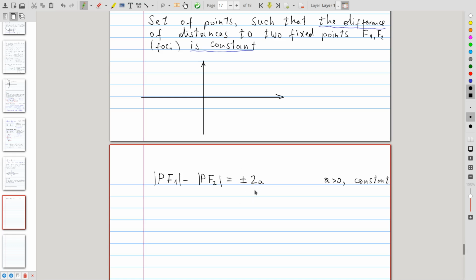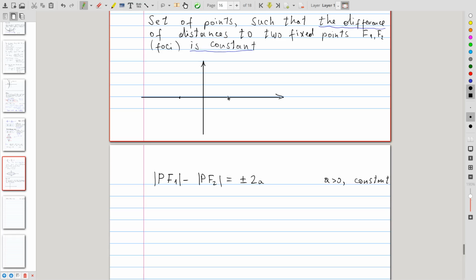We put the factor of 2 in here for convenience, because it makes the resulting formula particularly simple. And we take the plus minus in this difference because we do not know which focus is the closest one to point P.